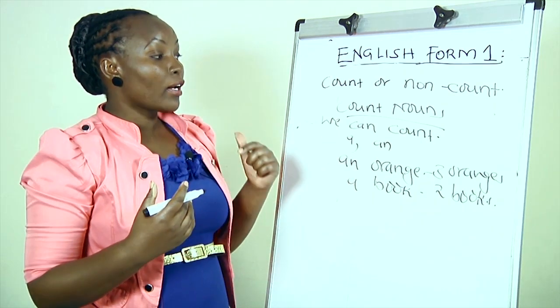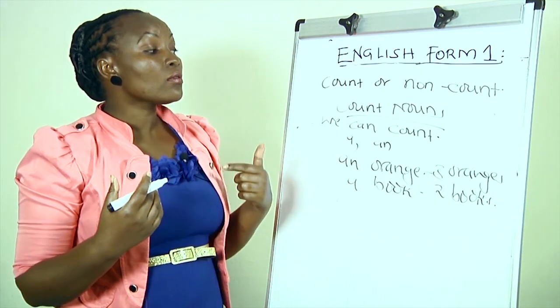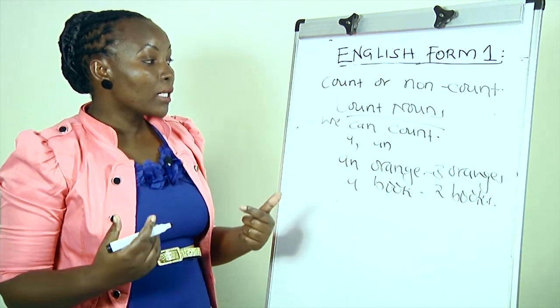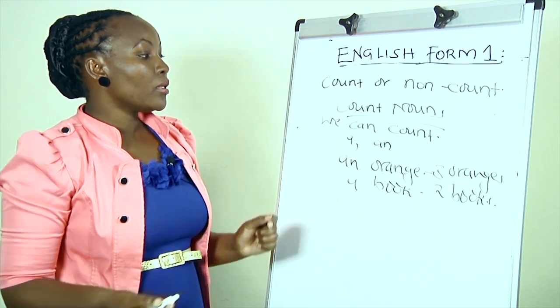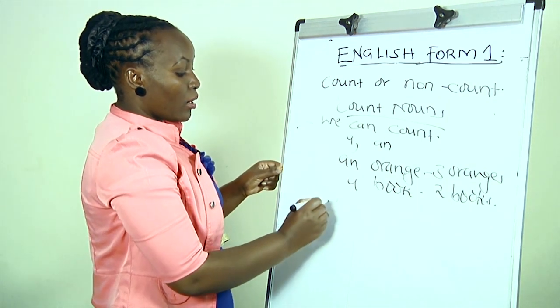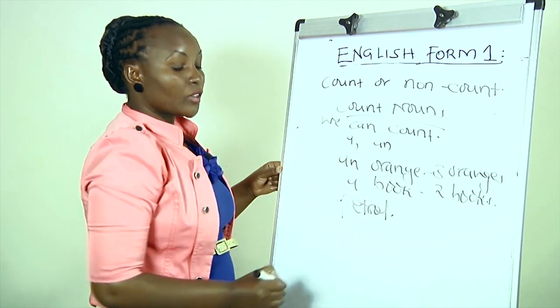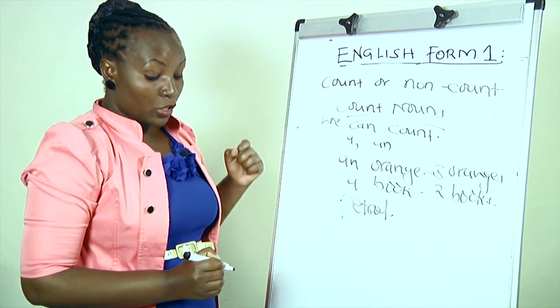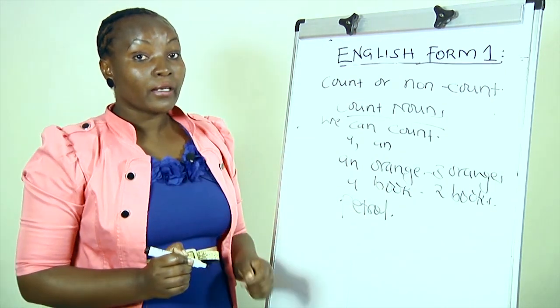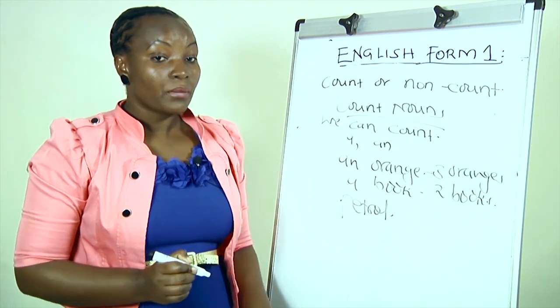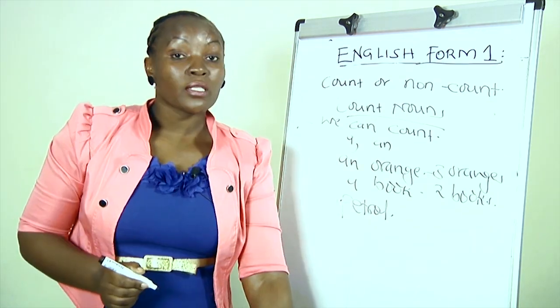But when it comes to non-count, most of the time, there is no way you can use numbers to count them. A very good example is maybe petrol. You cannot say that you fueled my car with 2 petrols. It means that it is not countable.